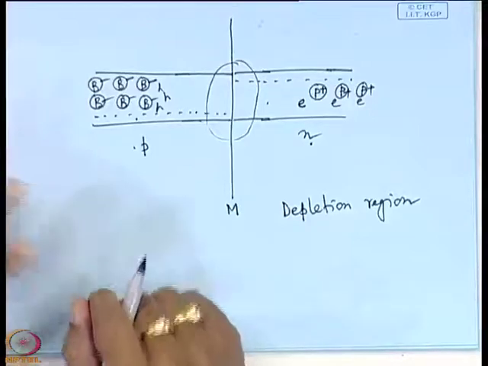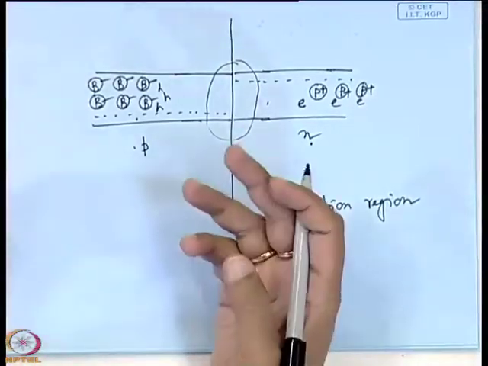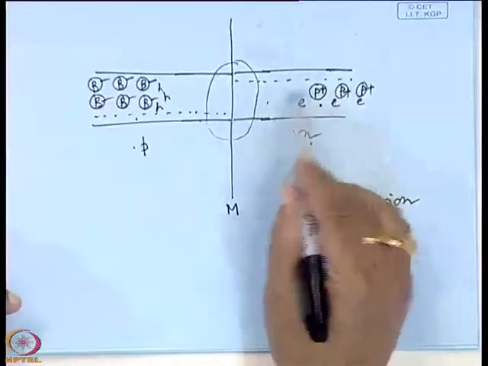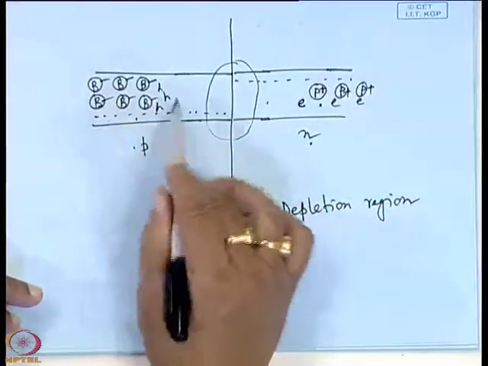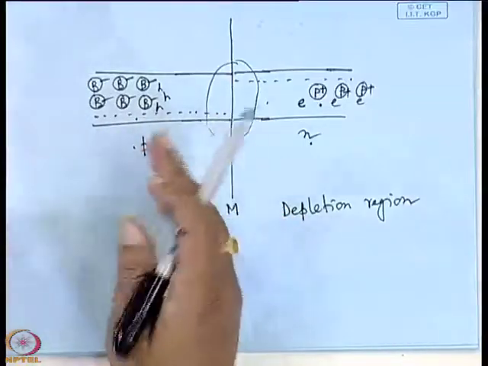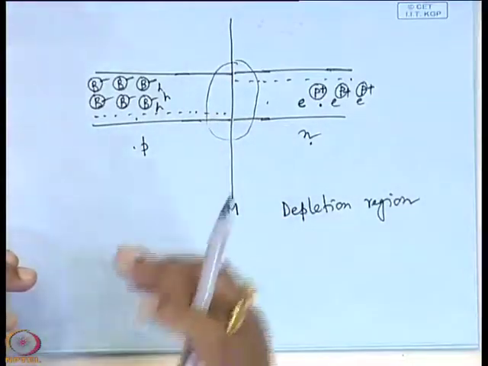Why? Because this region is depleted of free carriers. Here there are free carriers, electrons are the free carriers. Here there are free carriers, holes are the free carriers. But near the vicinity of the metallurgical junction, it is depleted of free carriers. That is why this region is known as the depletion region or space charge region.